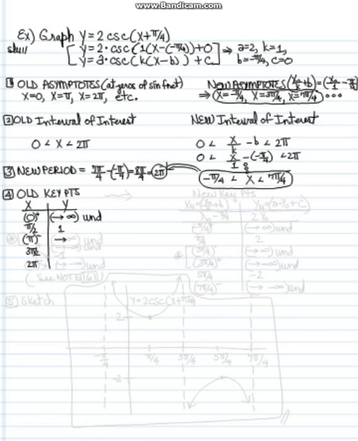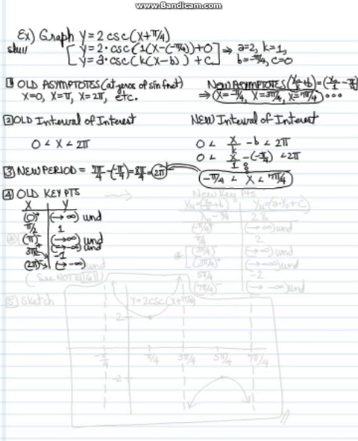At pi from the negative side, y's are approaching positive infinity, undefined. But from pi on the positive side, we have the y values approaching negative infinity. So we have two things happening at pi, one on the left side, one on the right side. Then at 3 pi over 2, the y value is negative 1, and at 2 pi, approaching from the negative side, the y values are approaching negative infinity, undefined.